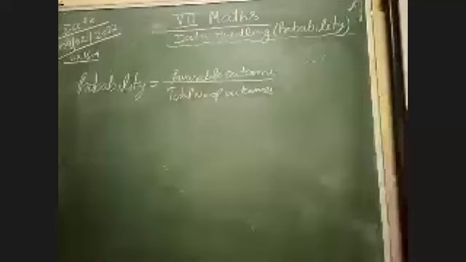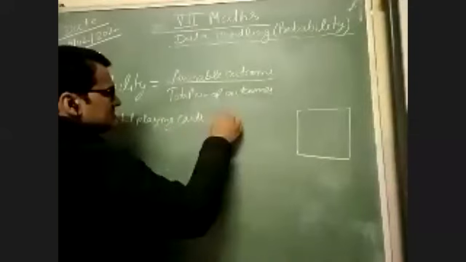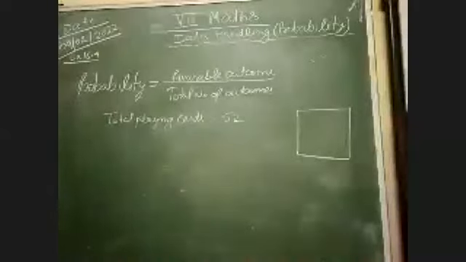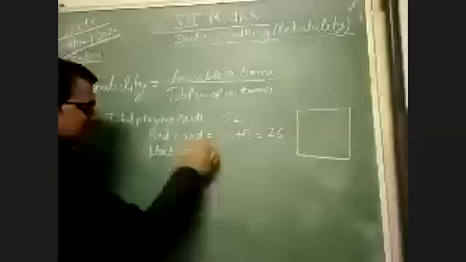I am writing here some information. Total playing cards are 52, and there are 4 types of cards. 13 plus 13, 26.